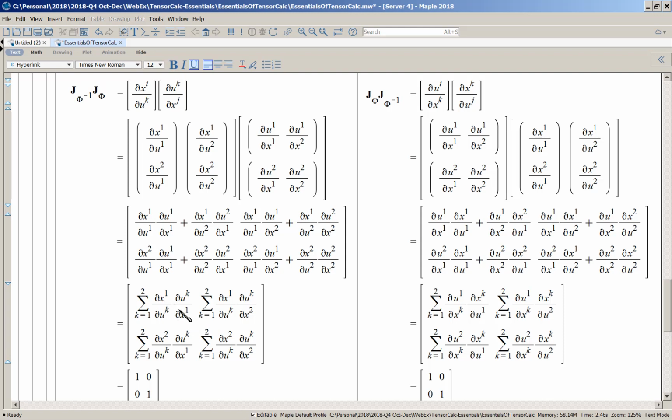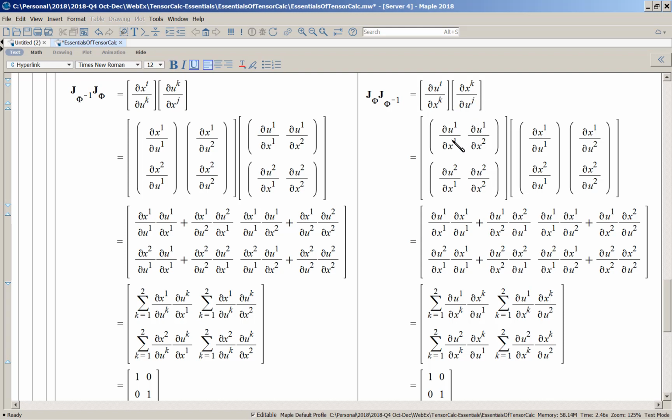Right? 1, 1, sum on the k, that case we know comes out to be 1. 1, 2, and 2, 1 we know come out to be 0, and 2, 2 we know comes out to be 1, and you get the same thing happening here. This is just a tight way to say Jacobi matrix.